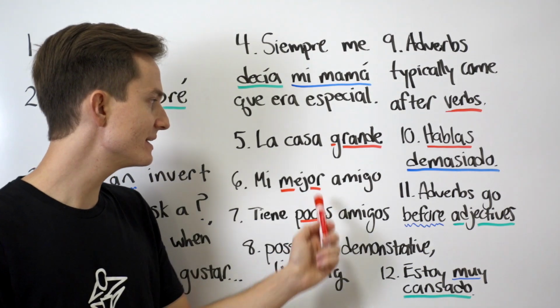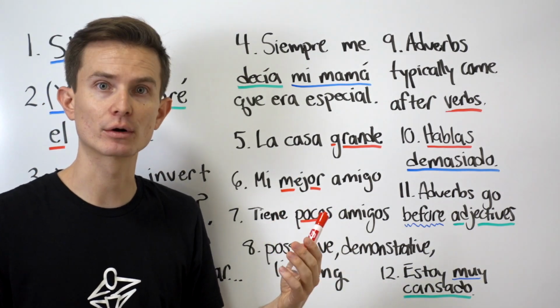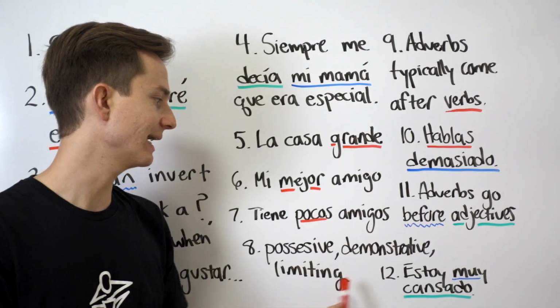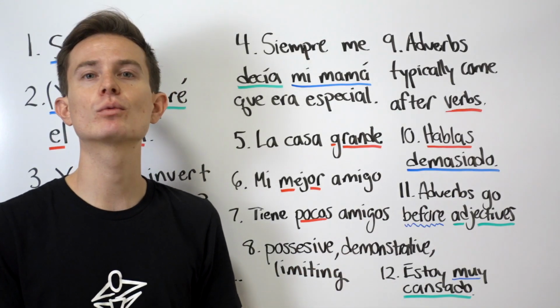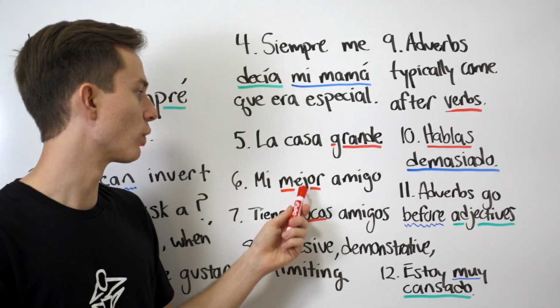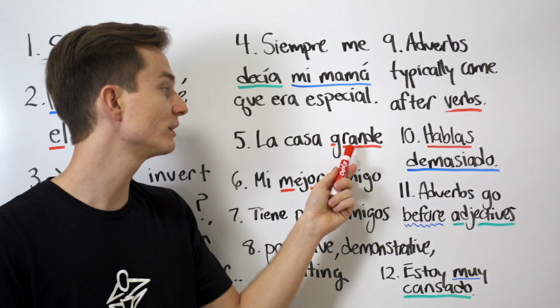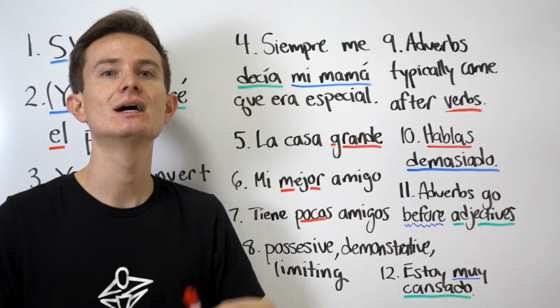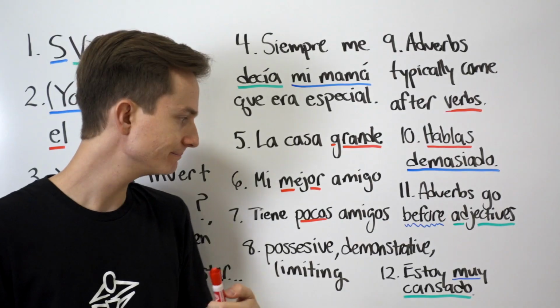So in this case, words like mejor, pocos, peor, those fall under this category, okay? Possessive, demonstrative, and limiting, okay? So when you hear a word like mejor, peor, these kind of comparative adjectives, we're going to put them before the noun. But when in doubt, put the adjective after the noun, okay? La casa grande, la casa azul, what have you, okay?